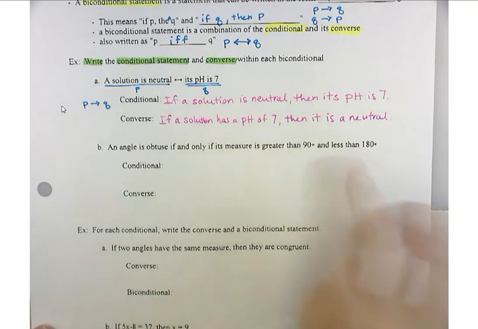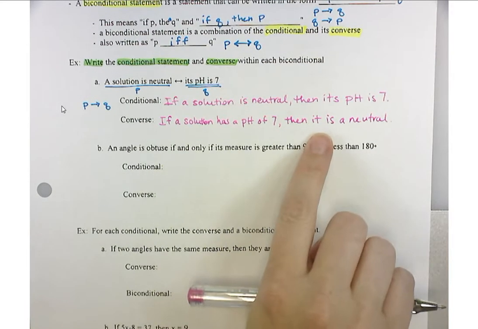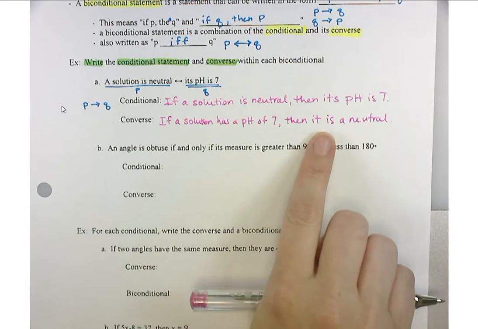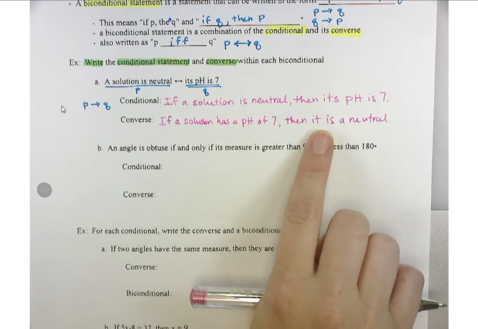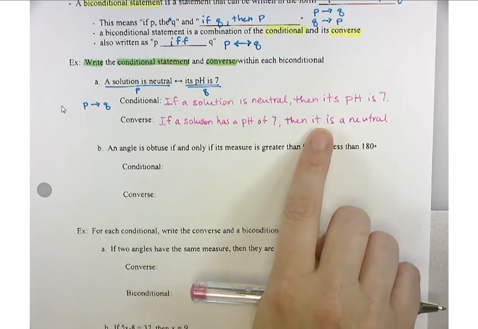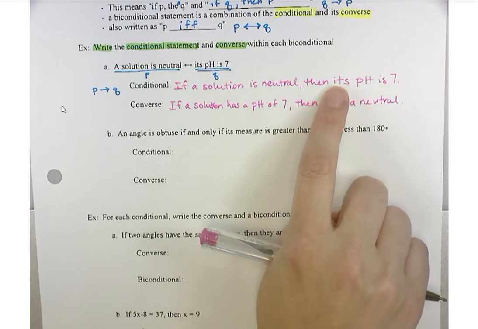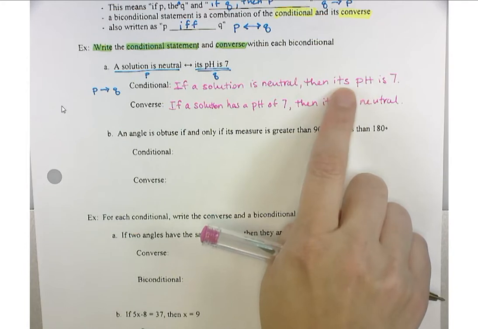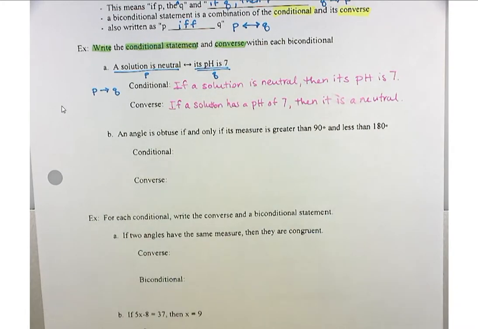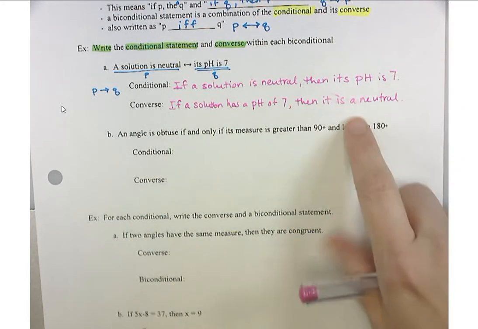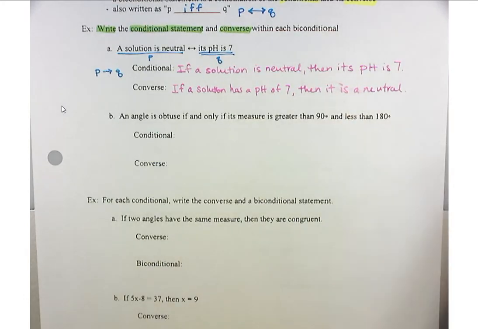Okay, and you can use its here. I just want to point out to you, if you use it's here, it's IT apostrophe S because it is. This should not have an apostrophe because it's talking about possession, right? Its pH, the pH is belonging to the solution. Okay, so that was our Q to P.